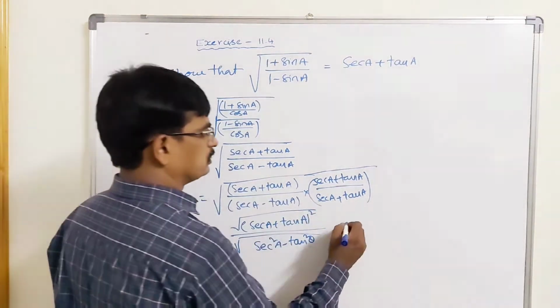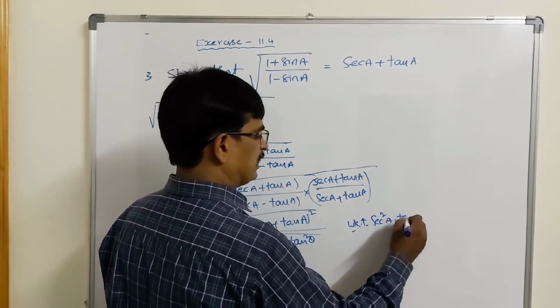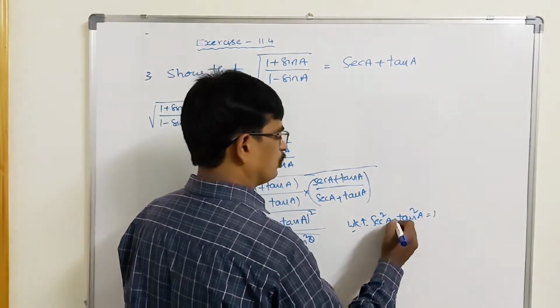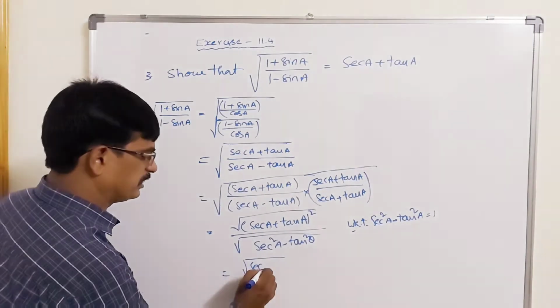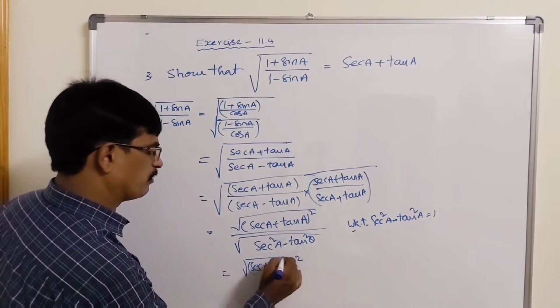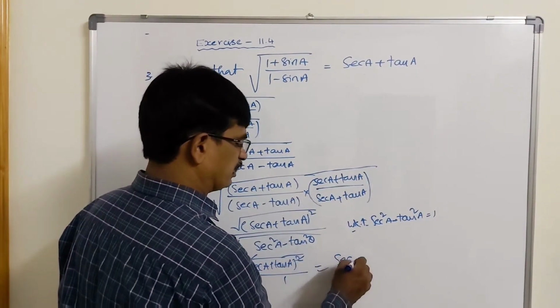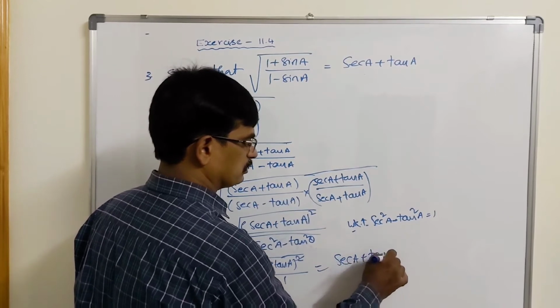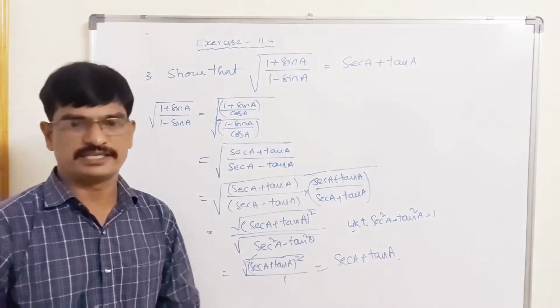We know that secant square a minus tan square a is equal to 1. So the square root of (secant a plus tan a) whole square by 1. Now the square root and square get cancelled. Then the final answer is secant a plus tan a.